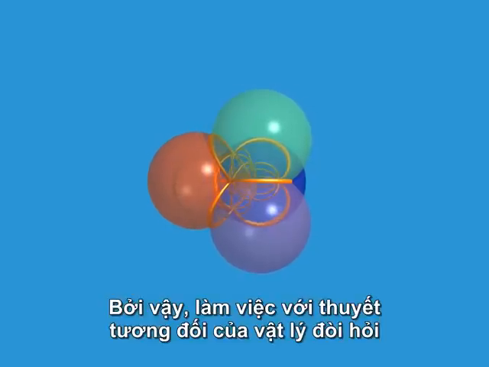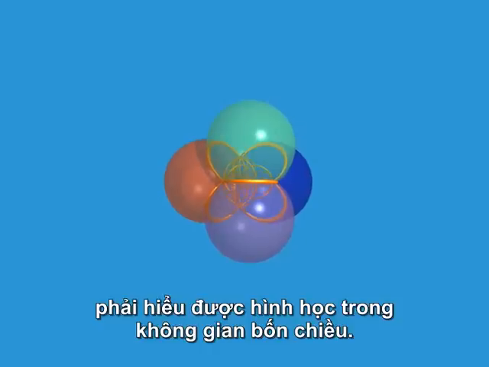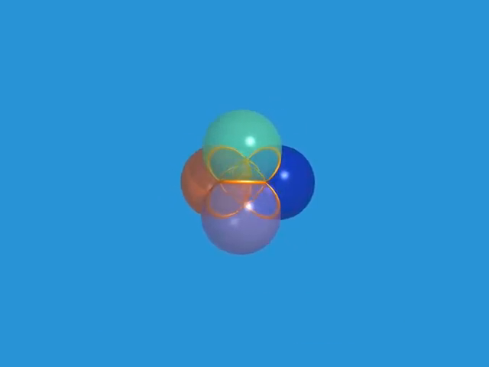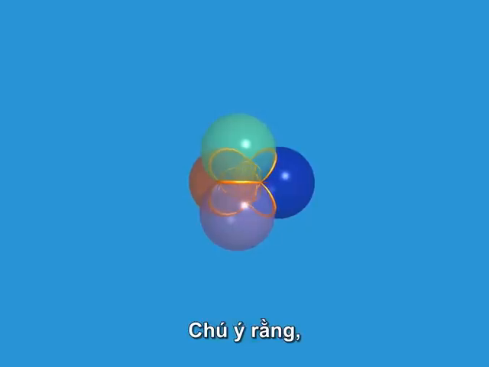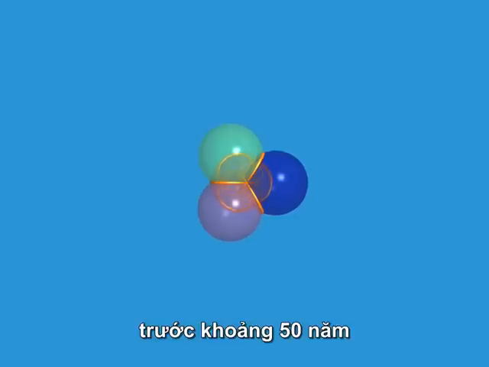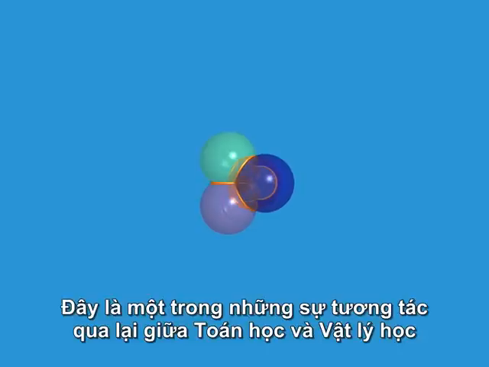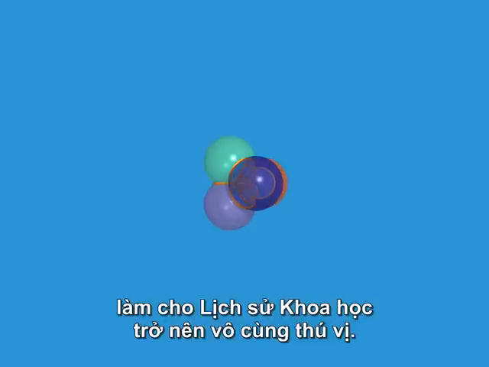Dealing with relativistic physics therefore requires an understanding of four-dimensional geometry. It is interesting to notice that the discovery of this four-dimensional geometry precedes by some 50 years the discovery of relativity. It's one of the many interactions between mathematics and physics that the history of science delights in.